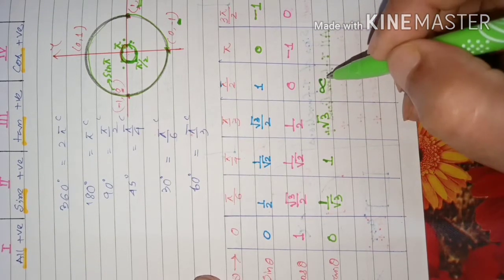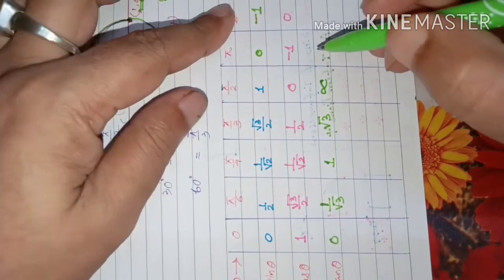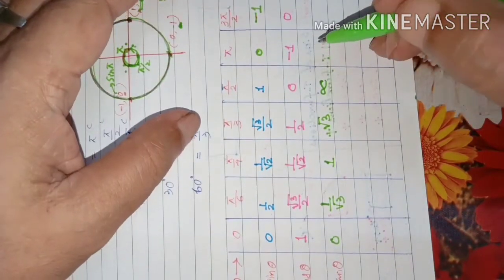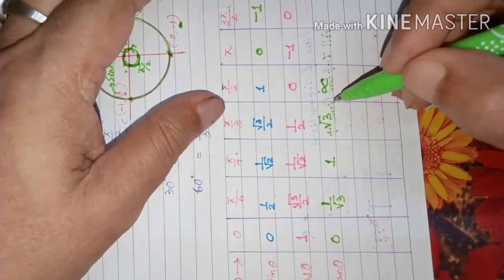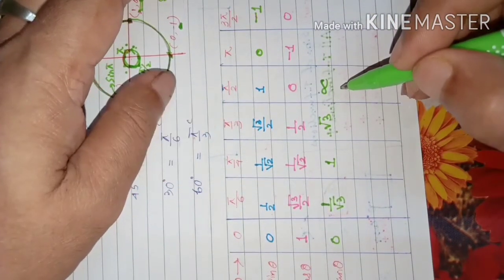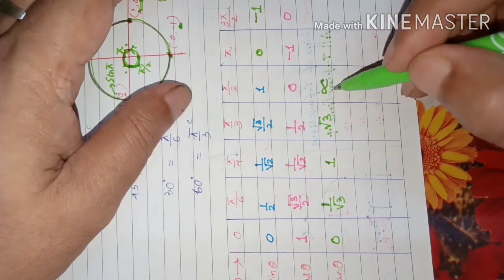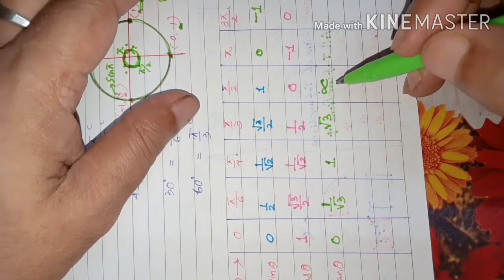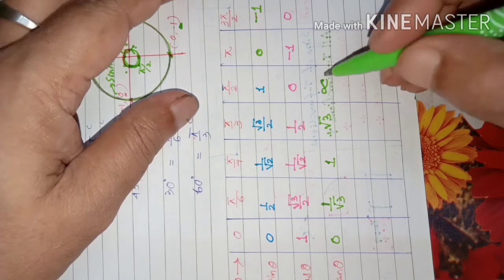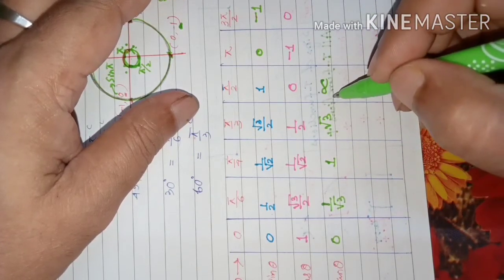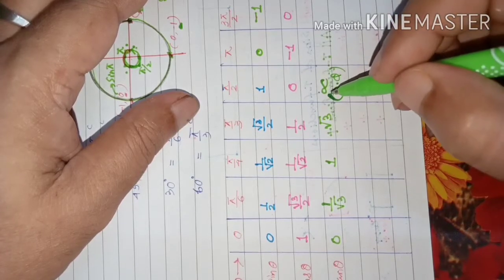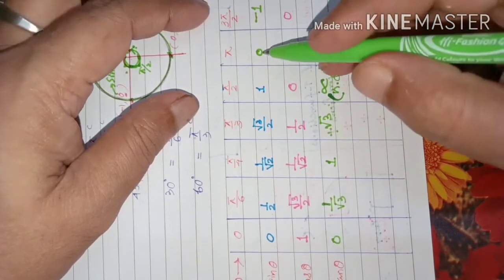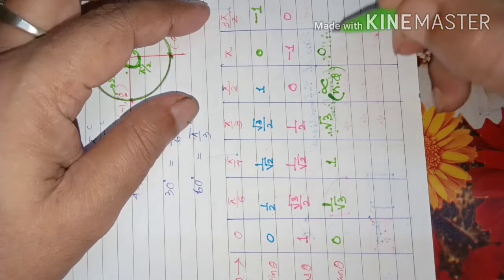Infinity means very large, you can say. It means whatever number you can think of, beyond that number. It is an idea only. Infinity is not a number, so it is also written as not defined. We can say it is infinity, or simply say not defined. Okay, dear students, you can write here not defined. I will give you the concept of infinity later on. So 0 by minus 1 is 0.